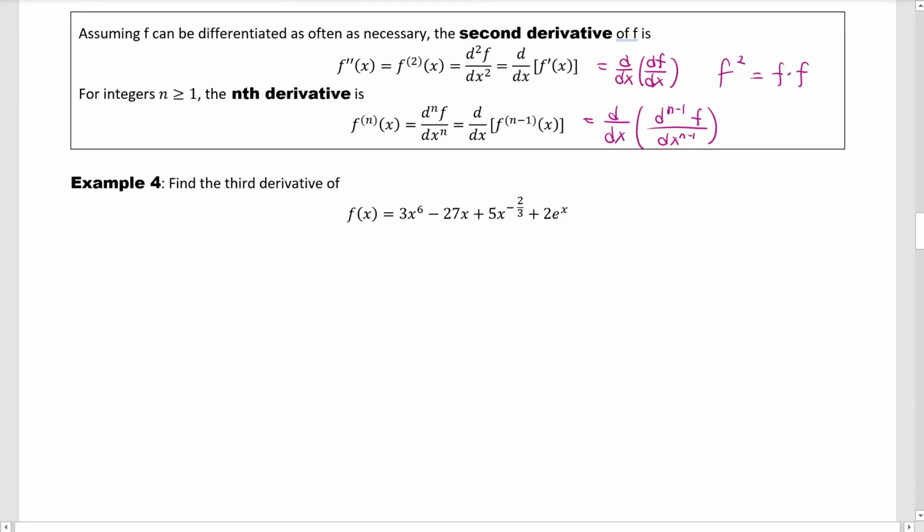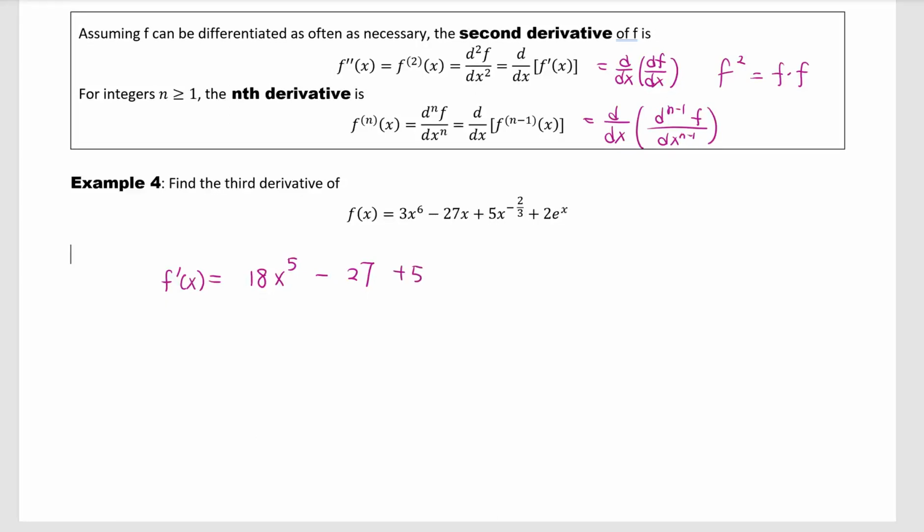Example 4, we want to find the third derivative of this function. First of all, let's check that all the terms are in standard form. Yes, right? Then we're ready to take the derivative. If it's not in standard form, you have to change the function first. So 3 times 6 is 18, x to the 6 minus 1, 5. And the derivative of 27x is 27.